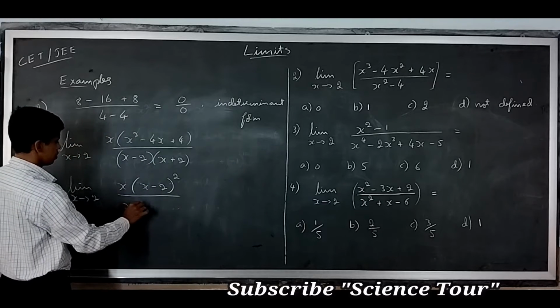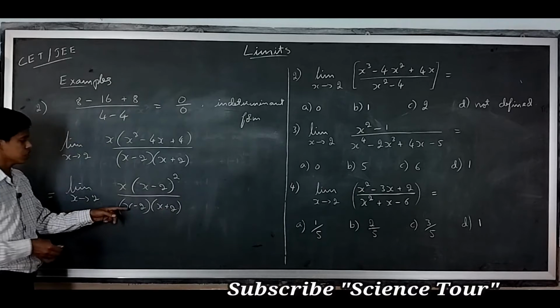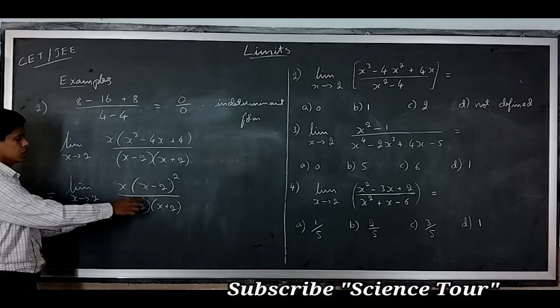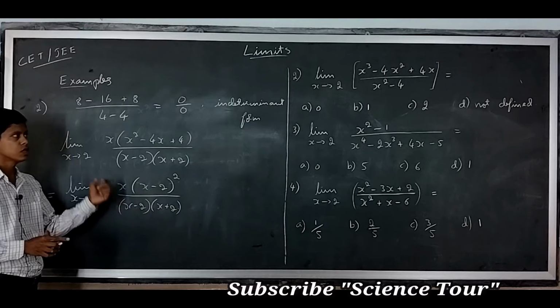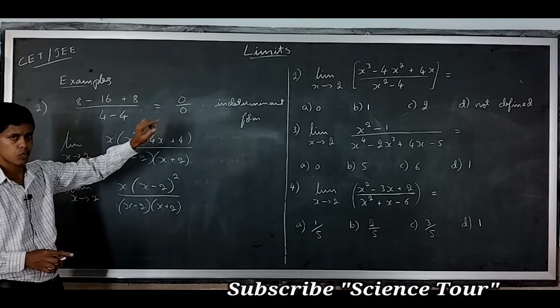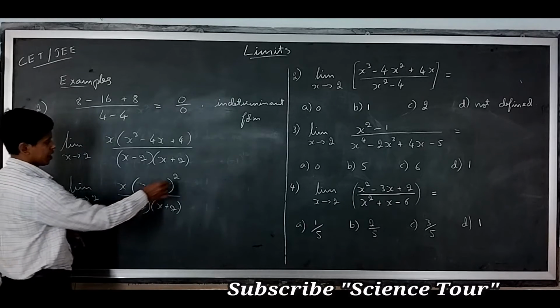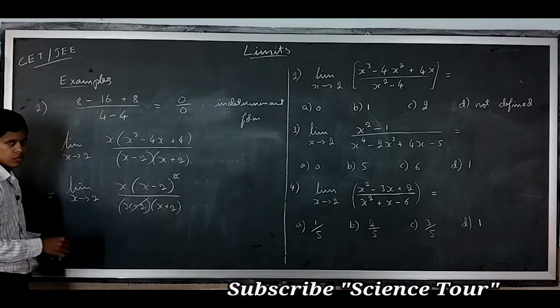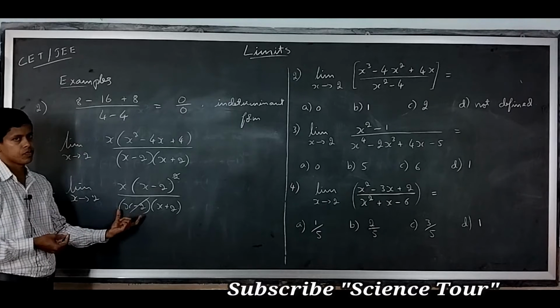And here you have got x minus 2 in the denominator. So this is the term causing the numerator as well as the denominator to become 0. Both are becoming 0 here. So now if you go for cancellation, first you have to think whether you are allowed to cancel this or not.